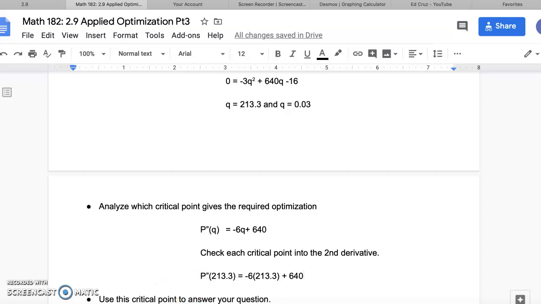Now, if you look here, I can just do a quick estimate. Negative 6 times 200 is going to be almost 1200, so this is definitely going to be negative. So that means if this is going to be a negative, we're going to have a local max there. So local max.